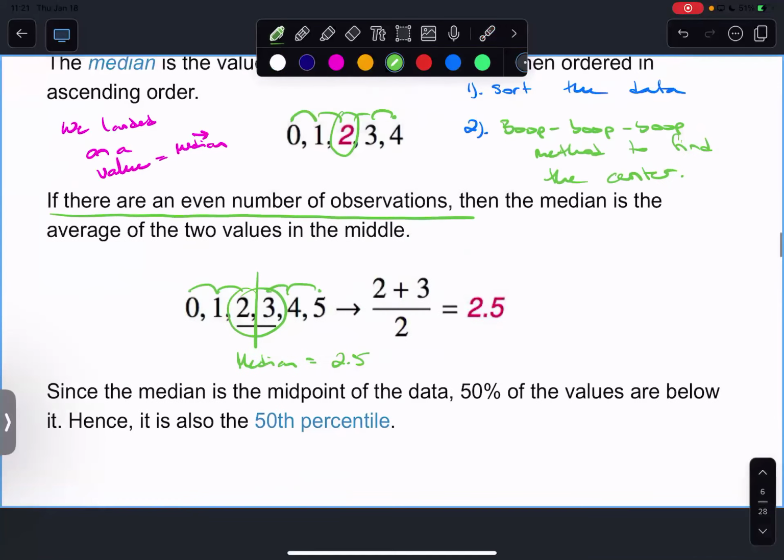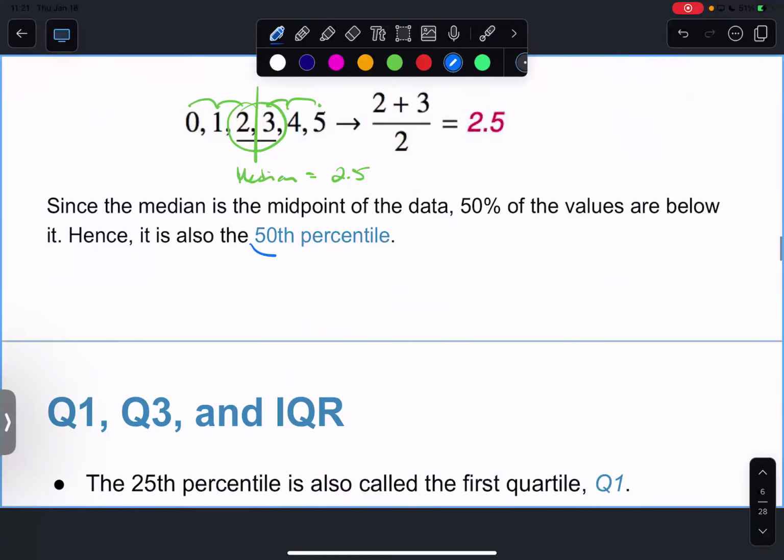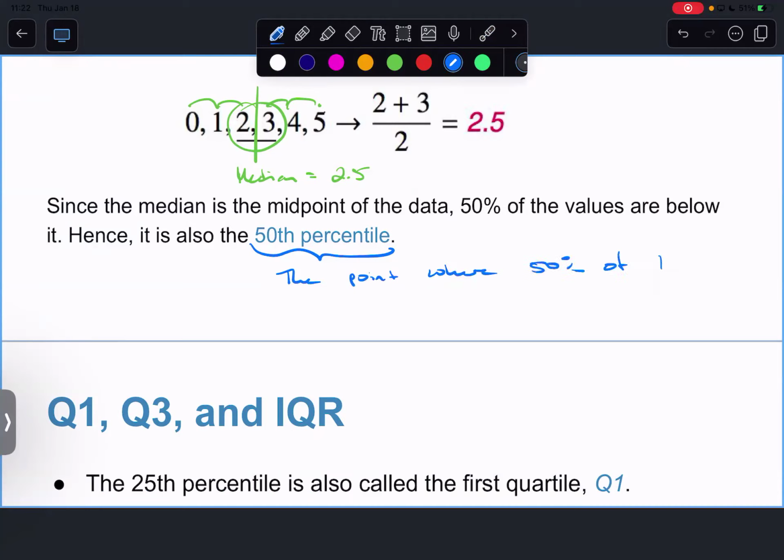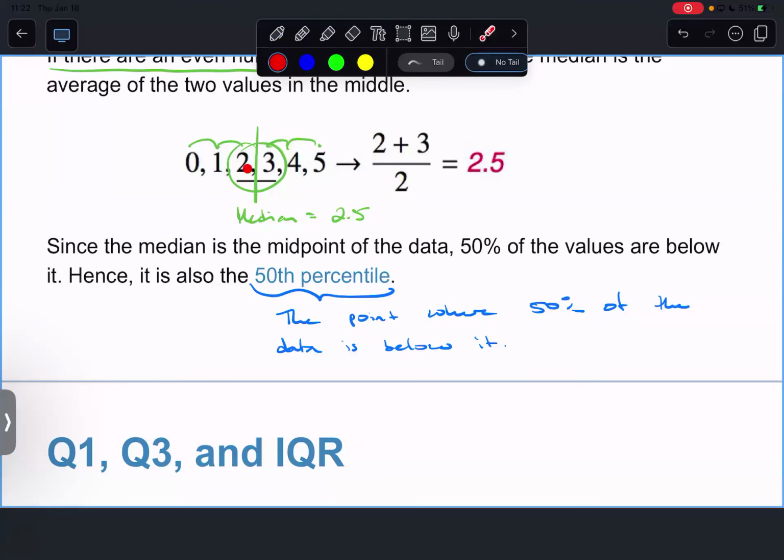But the 50th percentile is the point where 50% of the data is below it, which is exactly what we found here, right? At this line, I have 3 values below, implying 3 values above, right?